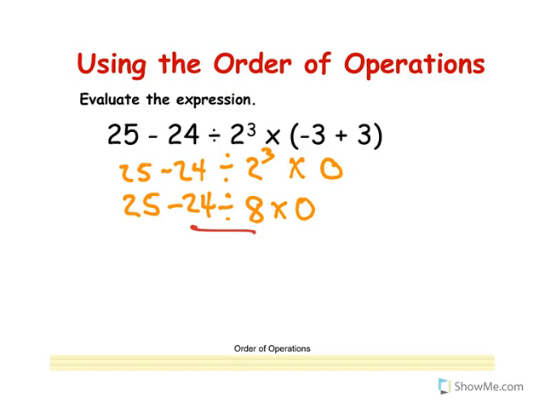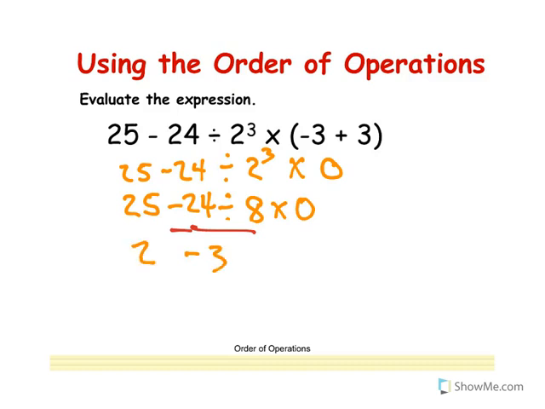More correctly, it is negative 24 divided by 8, and the sign of your answer is the sign of the operation. It is a subtle difference at this point, and you're probably going to say it doesn't make a big difference. When we start solving and checking equations, it will make a big difference, so I want to try to hammer that out now. This is really negative 24 divided by 8. Now, negative 24 divided by positive 8 is negative 3.